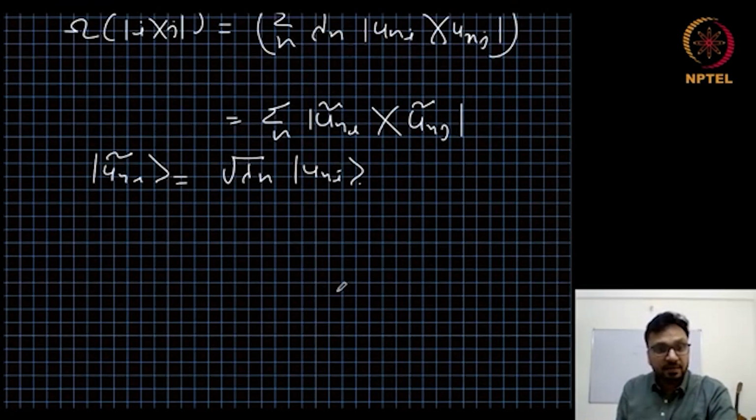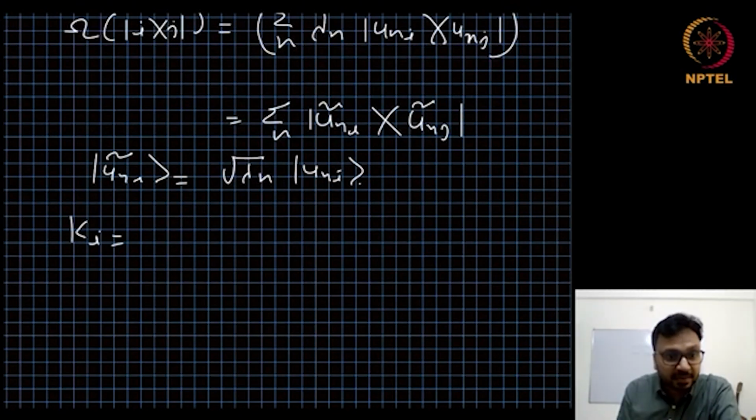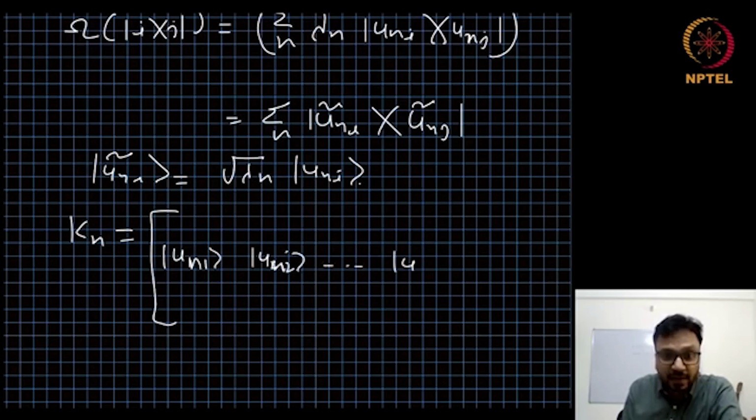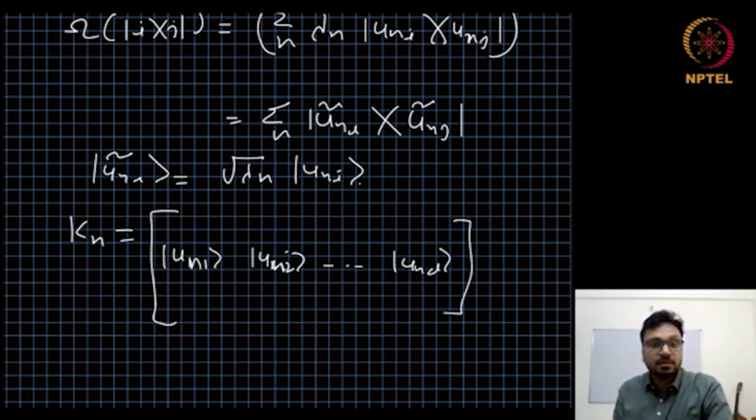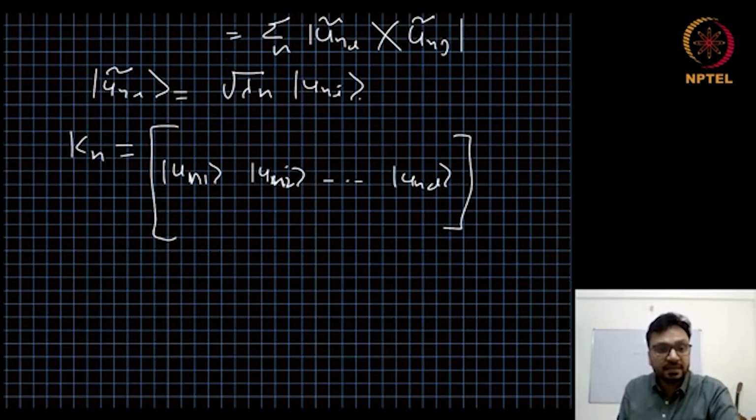And if we define a matrix Kn such that the first column is un1, the second is un2, and so on up to unD, then we can see that Kn acting on computational basis |i⟩ will give us un i.